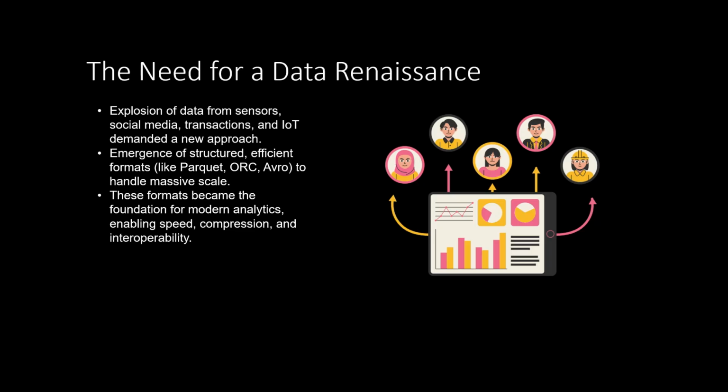So we have to definitely look at different kind of file formats which are more efficient and optimized for big data kind of situations. These formats like Parquet, Avro, ORC became the foundation for modern analytics to have that speed and interoperability that these kind of big data environments need, because these files were speedy, they were compressed, and they were interoperable.